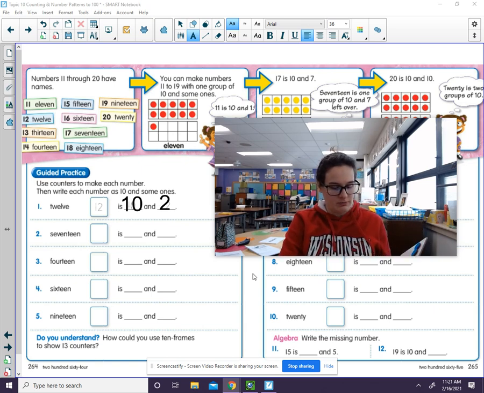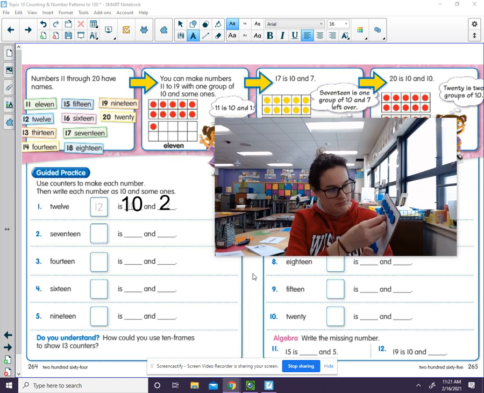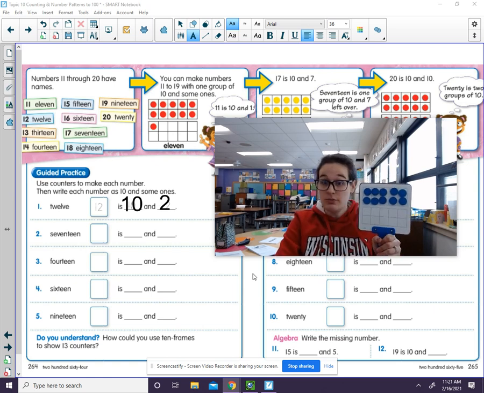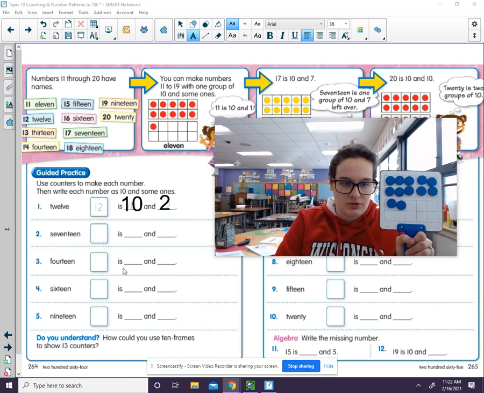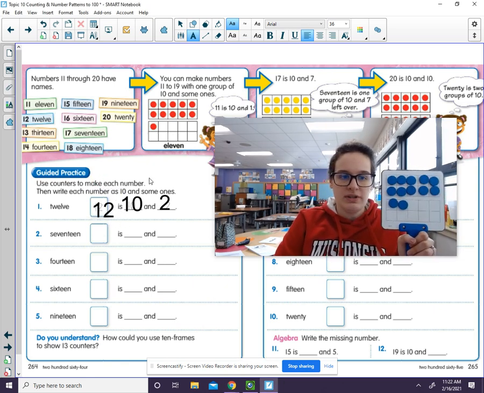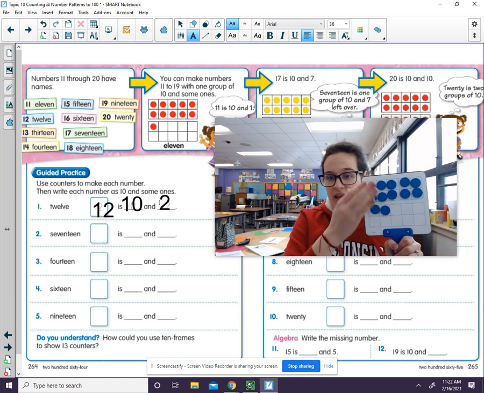So I'm going to fill up this top one, so it's 10, like we said. So we have 10, and then I'm going to do 2 more, which would get me to 12. So 12 is 10 and 2 more. So what we're doing is we're writing each number as 10 and some more.